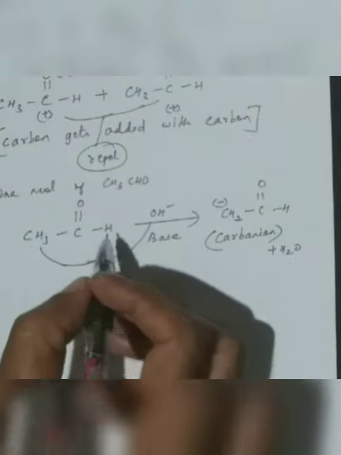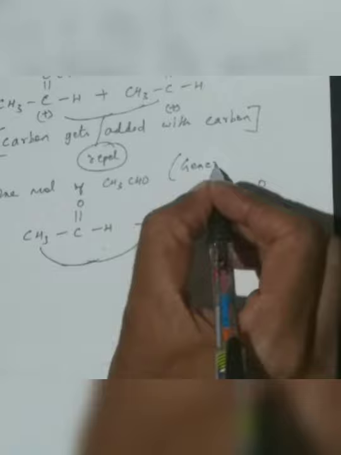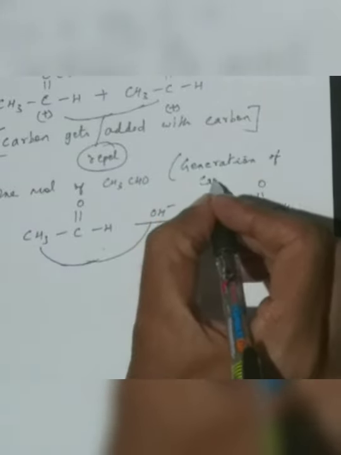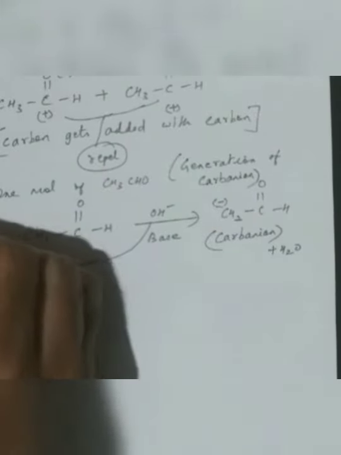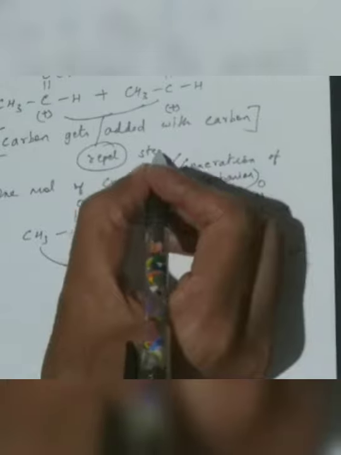This step we call the generation of carbanion. And you know the purpose behind this? To make it negative, then only we can add it. This is step 1.